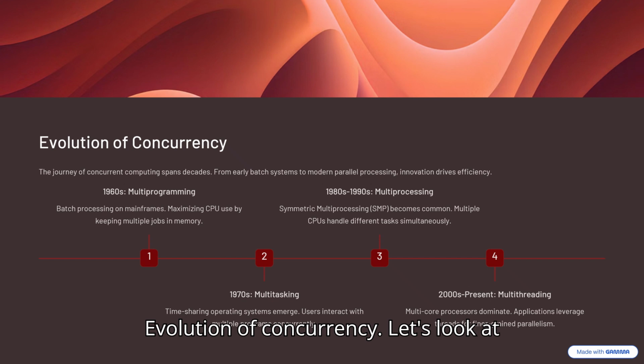Evolution of concurrency. Let's look at how these ideas evolved. In the 1960s, multiprogramming. Back then, mainframes ran one job at a time. To improve efficiency, multiple programs were loaded in the memory, switching when one was idle. In the 1970s, multitasking was introduced. With time-sharing systems, users could interact with multiple applications at once.